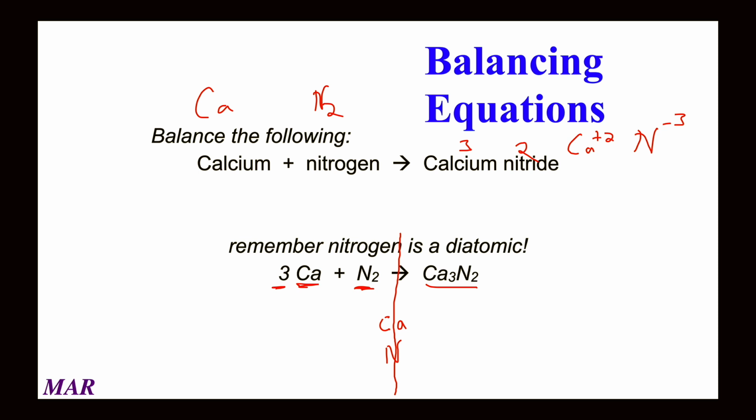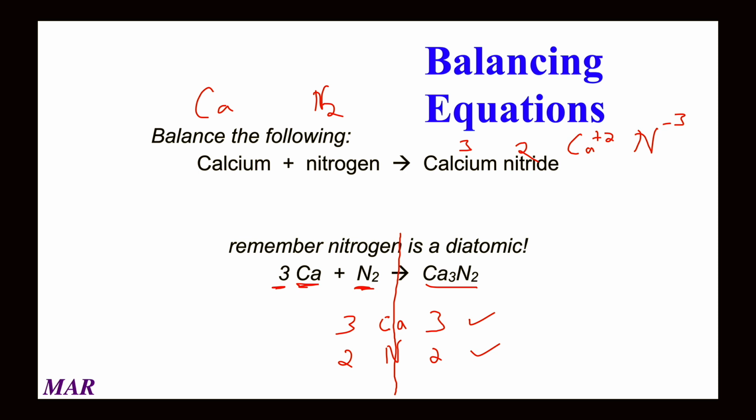And if this is a balanced reaction, the numbers will match. So notice here I've got 3 calciums, so that's 3 on the left. N2 is 2 nitrogens. And on the product side, calcium nitride has 3 Cas and 2 Ns. Oh, they balance. If the numbers are the same on both sides, then they balance. So this is a balanced reaction.